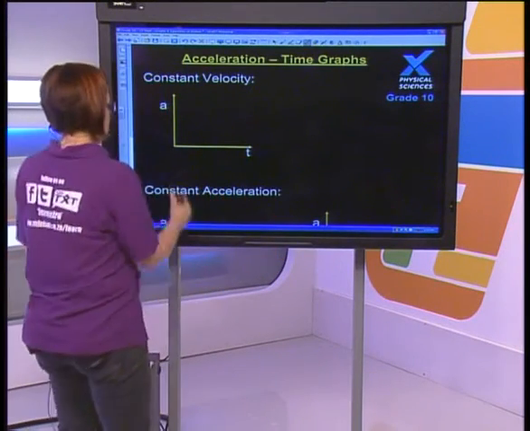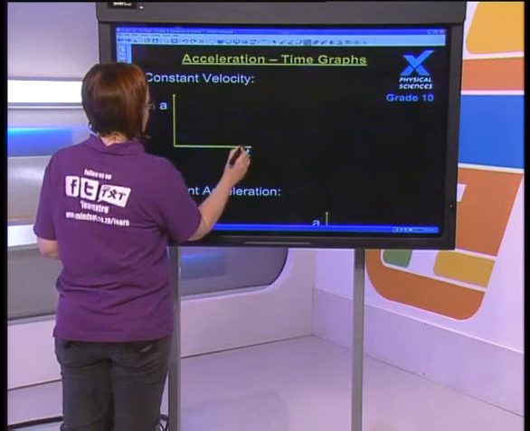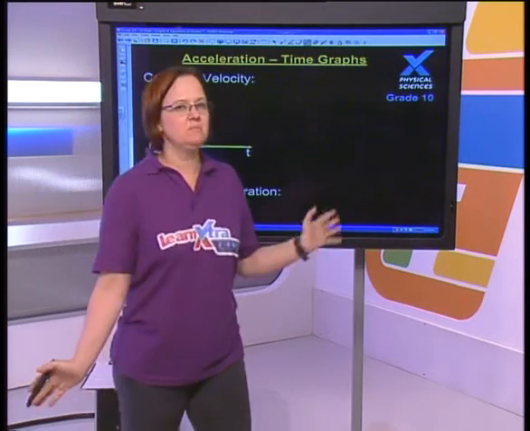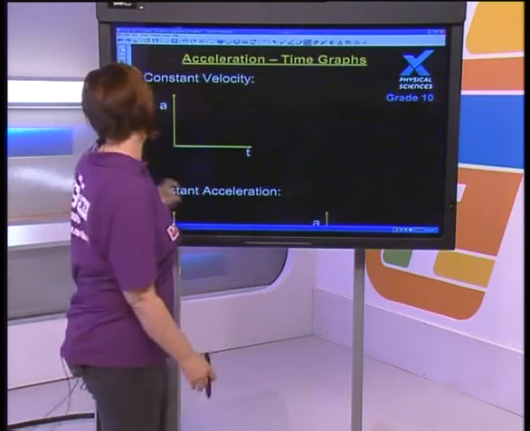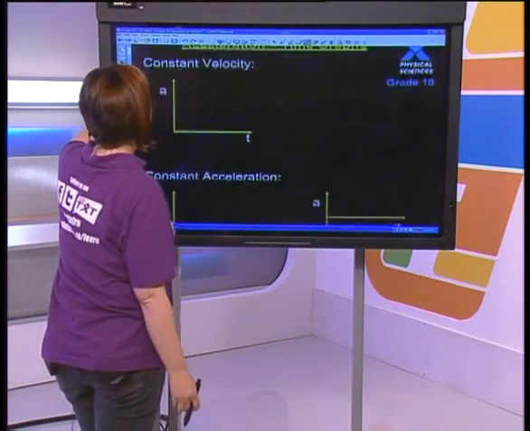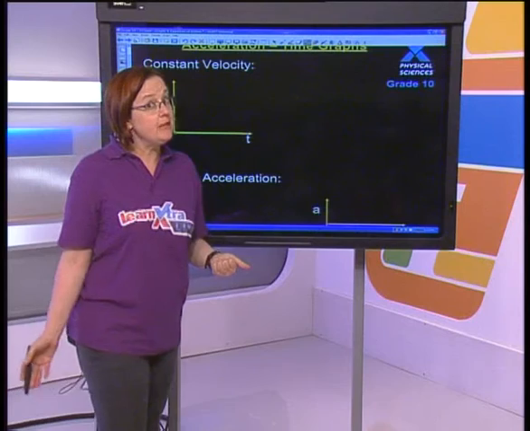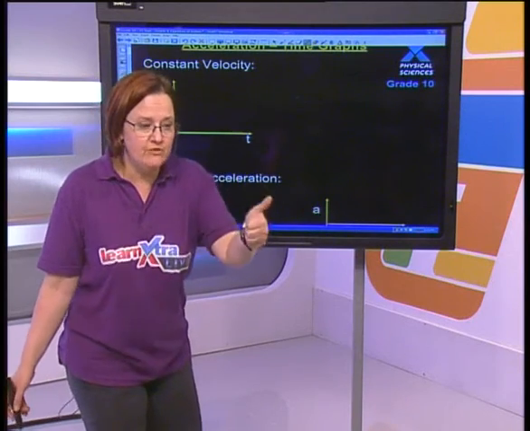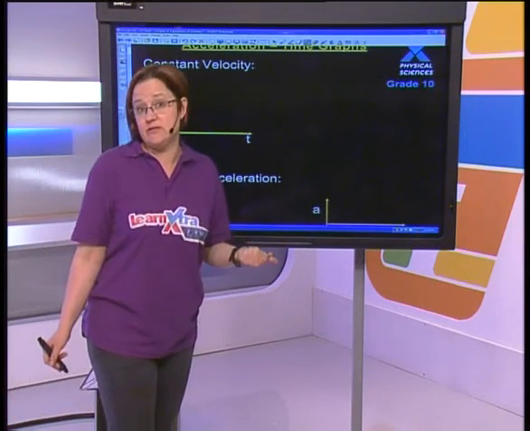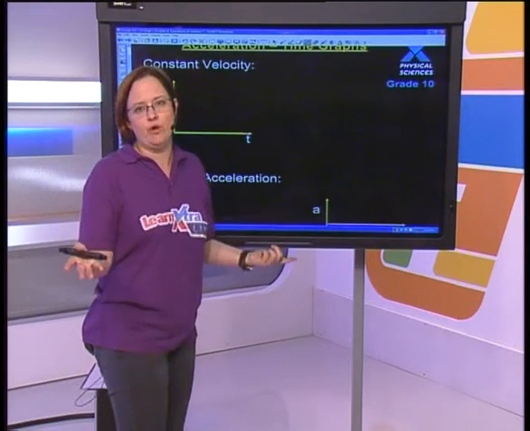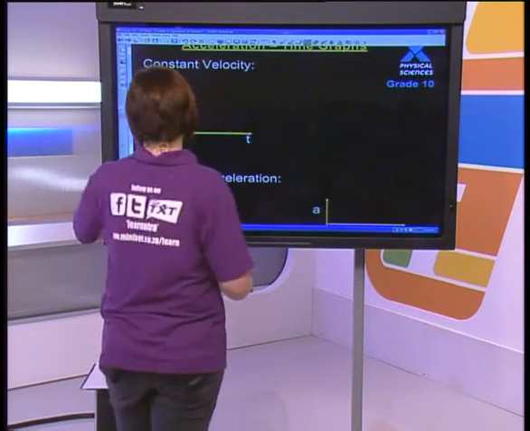No acceleration means zero acceleration. My graph goes on the x-axis. Simple, straight line, nothing difficult. Now, this graph, by the way, the constant velocity one where a is 0, could be for an object that is moving at constant velocity or an object that's stationary, because an object that's stationary has a constant velocity of 0. Okay, doesn't make a difference.